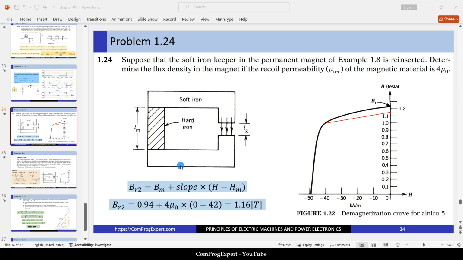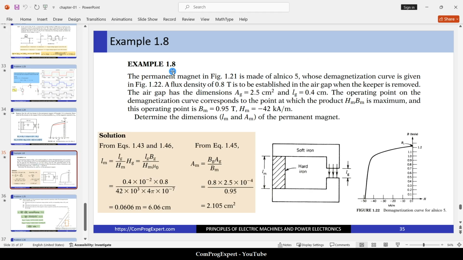Okay, problem 24. Suppose that the soft iron keeper in the permanent magnet of example 1.8 is reinserted. Determine the flux density in the magnet if the recoil permeability of the magnet material is 4 times mu 0. So to answer this problem, first, let's review example 1.8. Here is example 1.8.